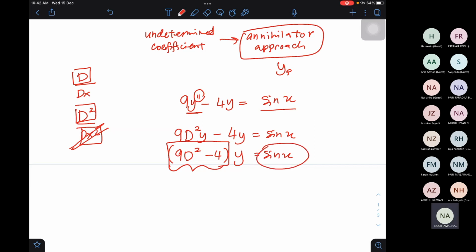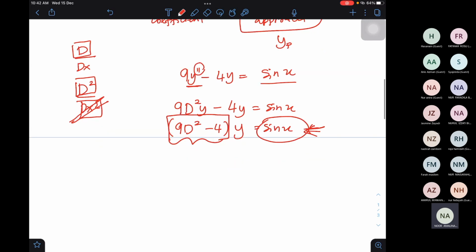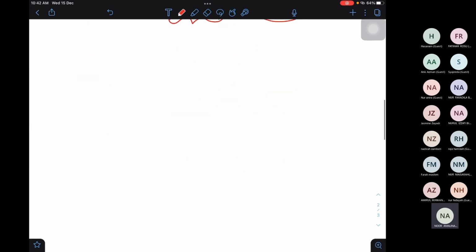Okay, kita nak guna annihilator approach for gx, di mana annihilator operator ini adalah the differential operator that makes the gx equal to 0 by process differentiation. Okay, so untuk kita tentukan differential operator for gx ada 3 jenis yang saya dah terangkan dalam video sebelum ni.